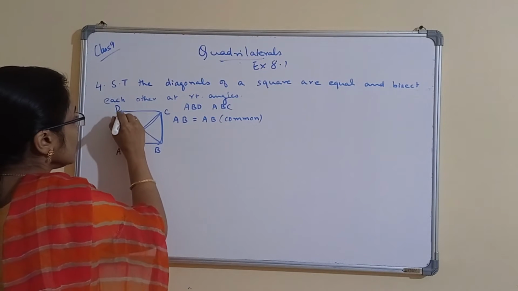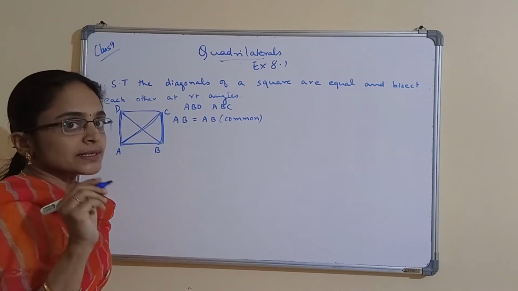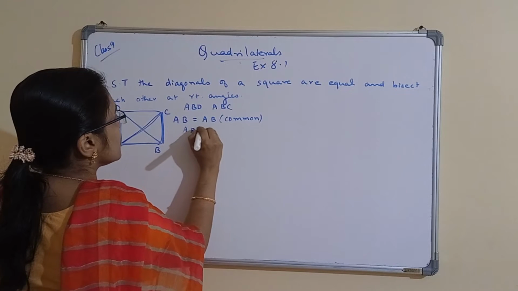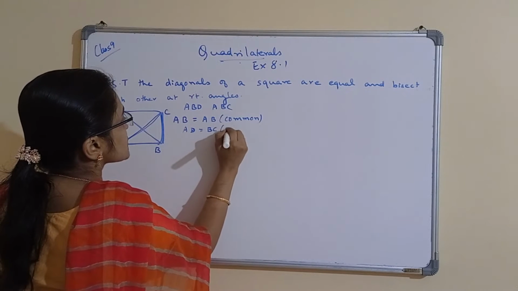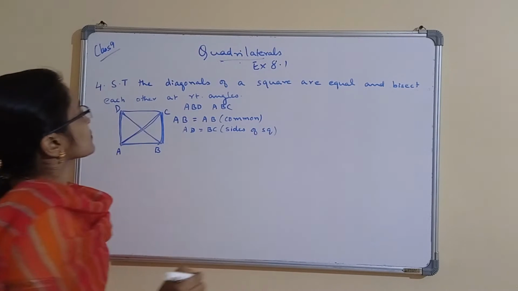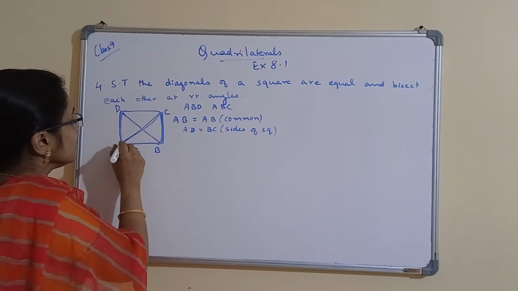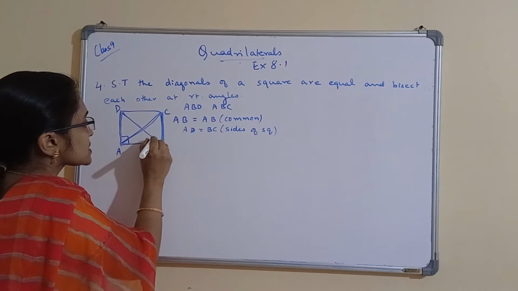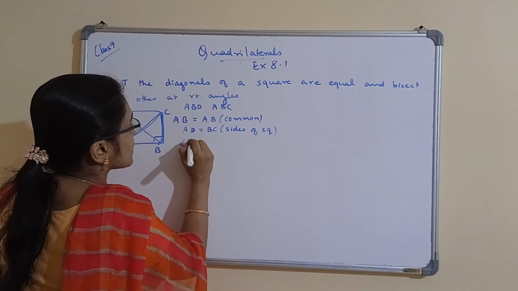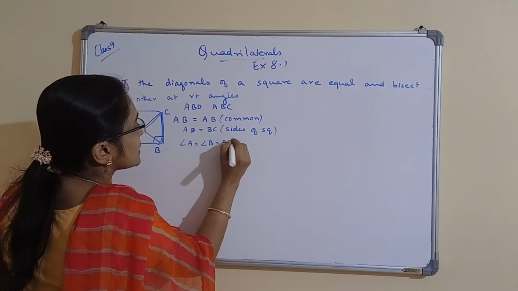Now AD is equal to BC because they are the sides of a square. And since this is a square, we know that angle A is equal to angle B is equal to 90 degrees.